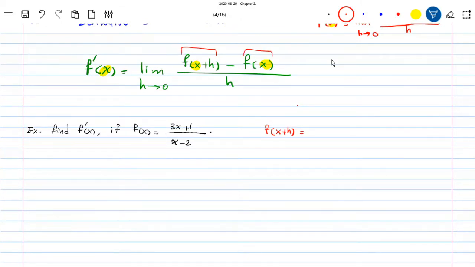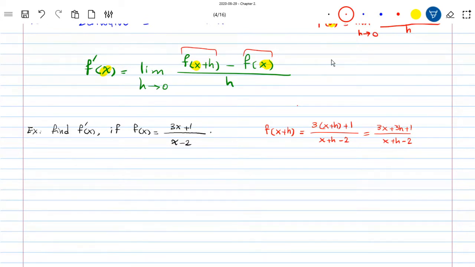Replace x plus h every time you see x. So 3 times x plus h plus 1, and the denominator would be x plus h minus 2. I'm going to distribute the numerator just to write the simpler form: 3x plus 3h plus 1 divided by x plus h minus 2.